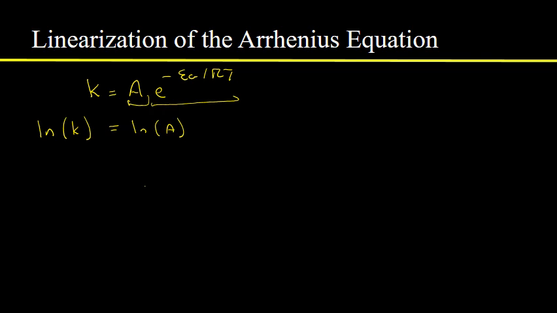So we get log of A plus natural log of e to the minus Ea over RT, right? And of course, natural log and e to the power are inverse functions, so they essentially just cancel out.